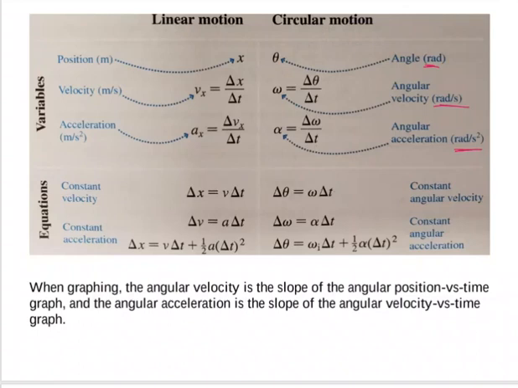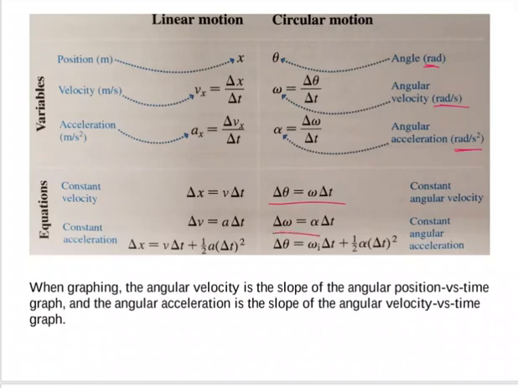Our equations for constant velocity, delta x equals v delta t. Well, for constant angular velocity, we have delta theta equals omega delta t. Okay, the direct correlation there, you can see how the variables switch over. We have delta v equals acceleration a delta t. For constant angular, we have delta omega equals alpha delta t.